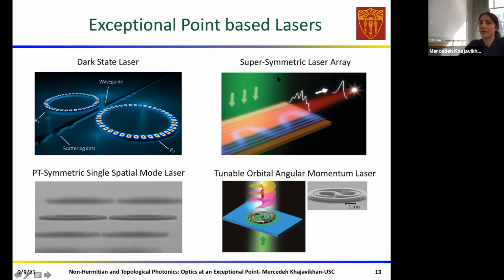Now this one is where we had 2 arrays of waveguides. One array was a standard, equidistant waveguide array of lasers. The other array, which we called the supersymmetric partner, was designed in such a way that it matched all the transverse modes but the fundamental mode of the main array.